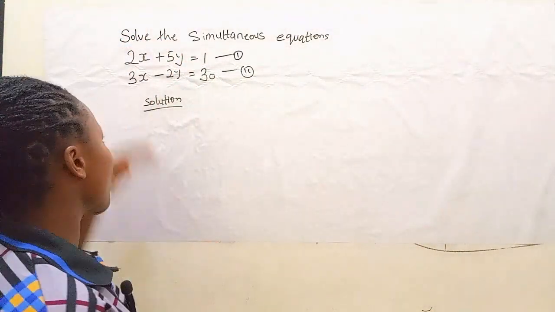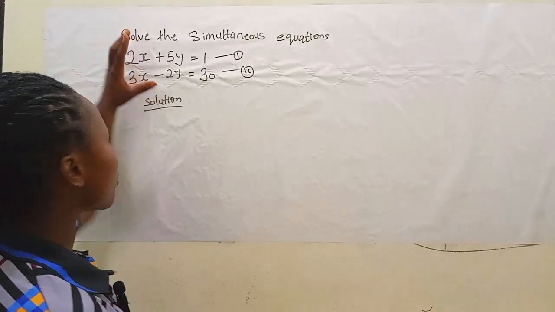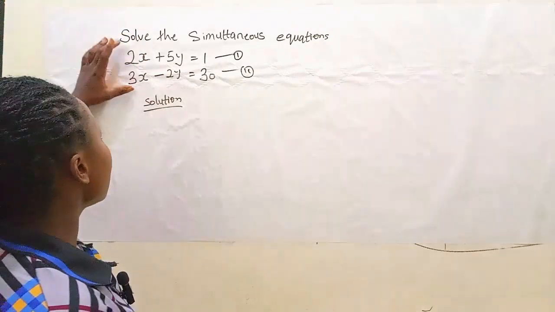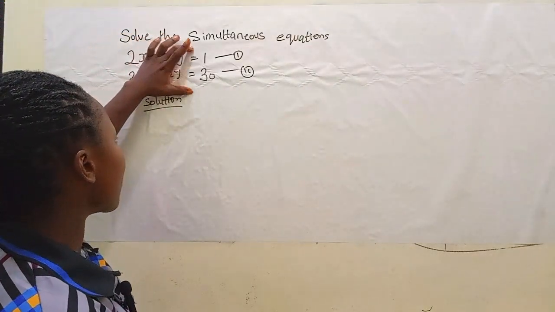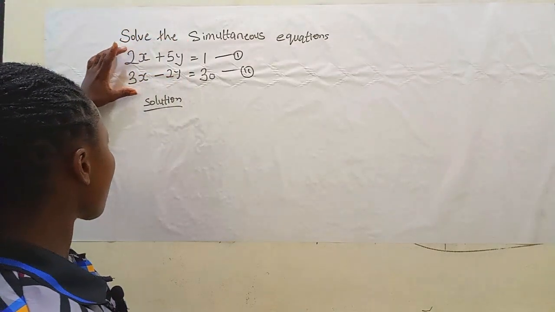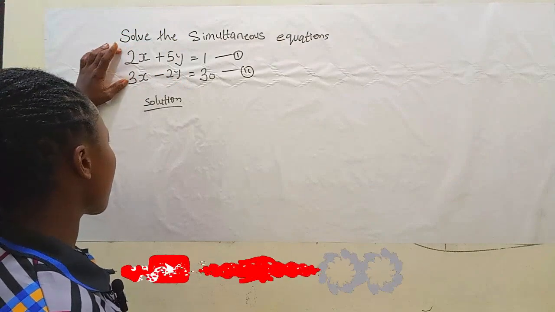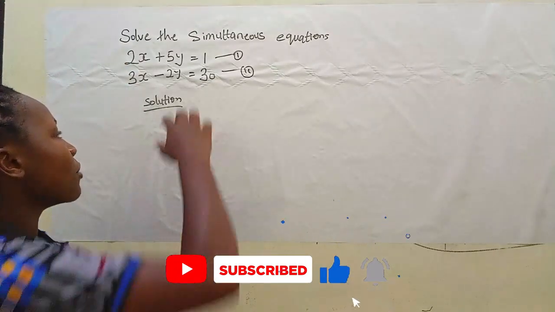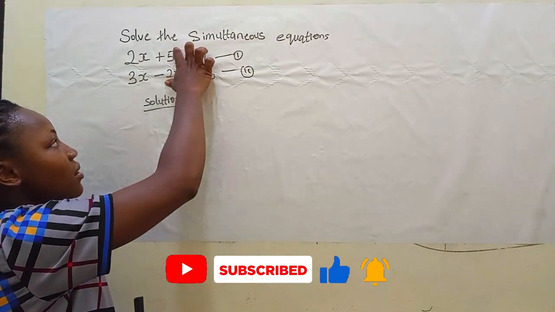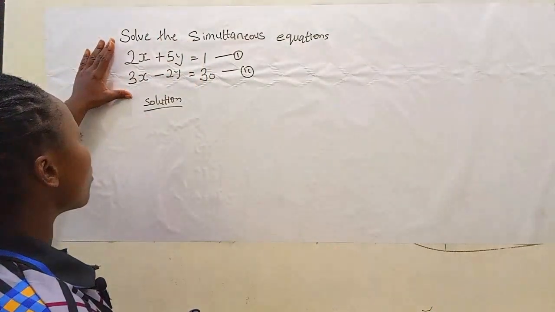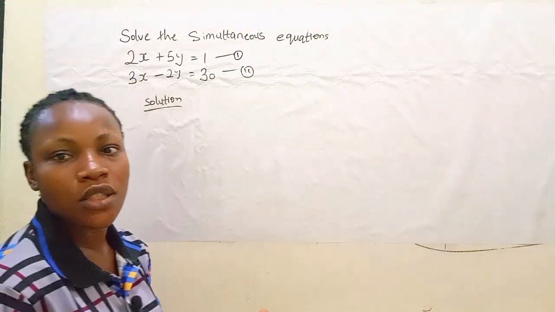Or once we subtract the equations, are we going to eliminate x or y? Adding the two equations together, we won't be able to eliminate x, because once we add these two things together, we are going to have 5x. Also, adding them together, we won't eliminate y either. And subtracting them, we will not eliminate either x or y.